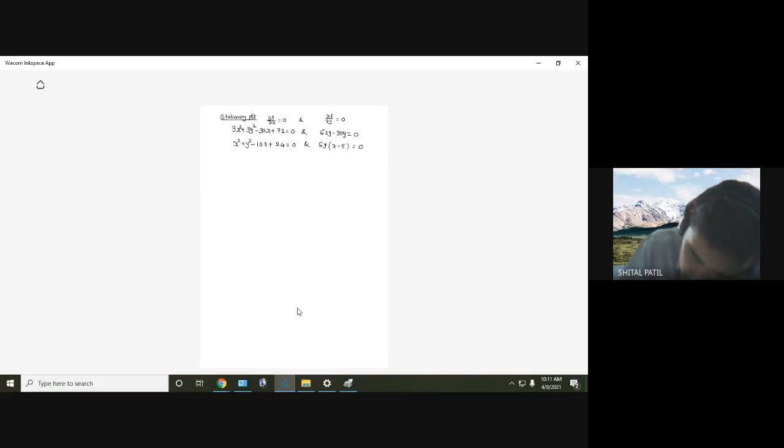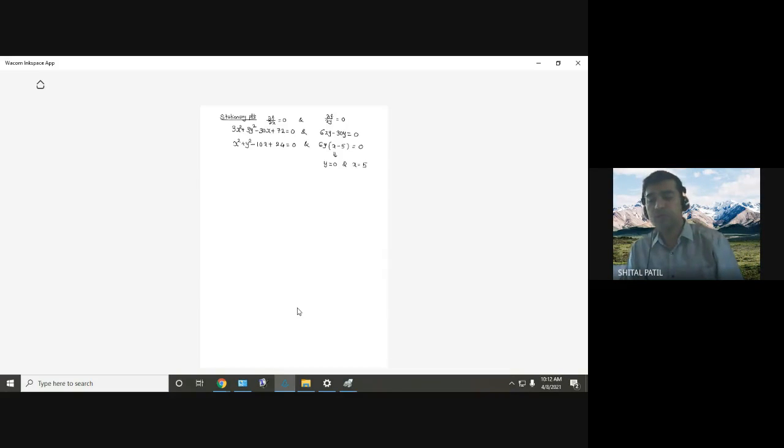So we can solve the second equation: y equal to 0 and x equal to 5. But that is not the point. 5, 0 is not a stationary point. Understood what I am saying? The 5, 0 that we get from the second equation is not a stationary point. A stationary point is one which satisfies both equations.